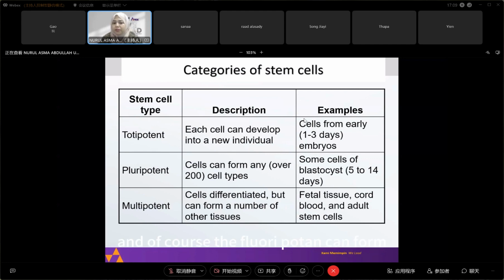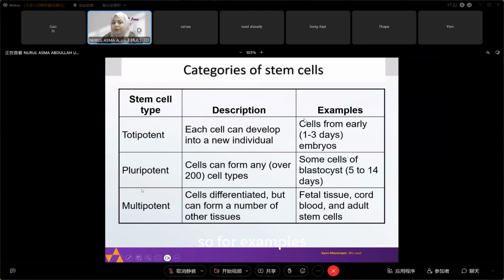The pluripotent can form more types of cells, even though it's not complete as an individual, while the multipotent have limitations in terms of the types of cells they can differentiate into, depending on the source from which the cells are isolated.